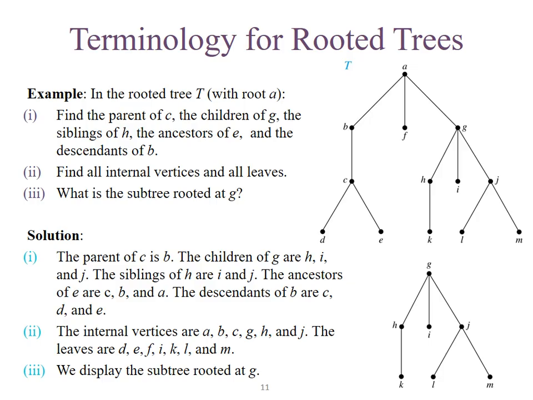So the siblings of H are I and J, because they have the same parent. So I and J are siblings of H.